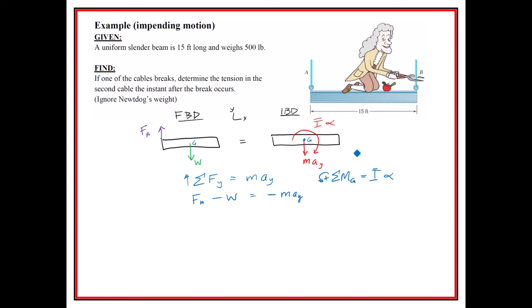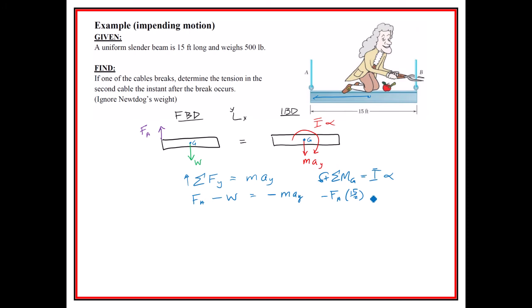And based on what I actually see here, the only force that will produce a moment about G, because W goes right through it, is going to be a negative FA times the length divided by 2. Right, so let's say 15 over 2, so it's going to be this distance right there.